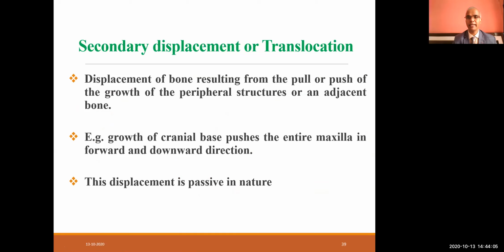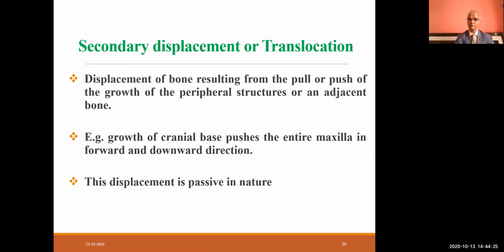In secondary displacement or translocation, it is a passive process. It means displacement of bone resulting from the pull or push of the growth of peripheral structures or adjacent bones. Displacement of the bone does not occur by its own growth.